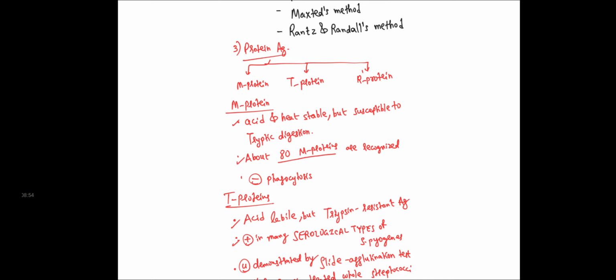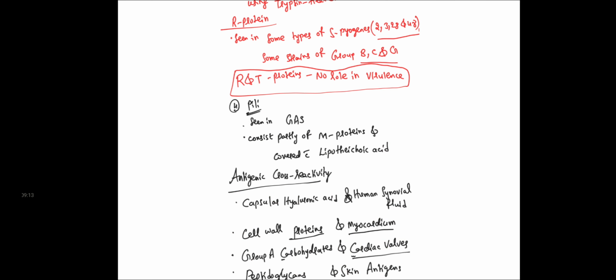Subtypes of Streptococcus pyogenes are classified based on the M protein because it is involved in virulence, that is, by inhibiting phagocytosis.